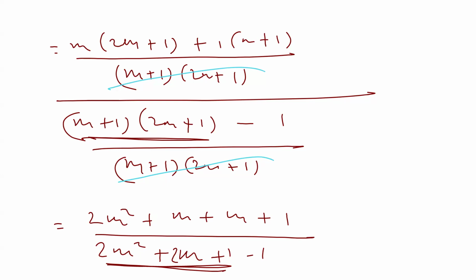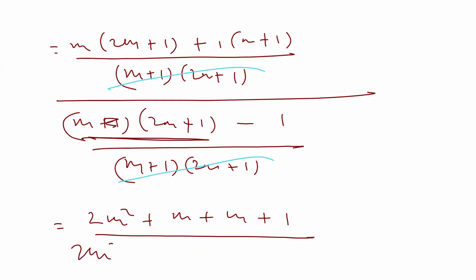Just a second, I'll just redo this. 2m square plus m plus 1, and down it is 2m square plus m plus 2m plus 1 minus 1.